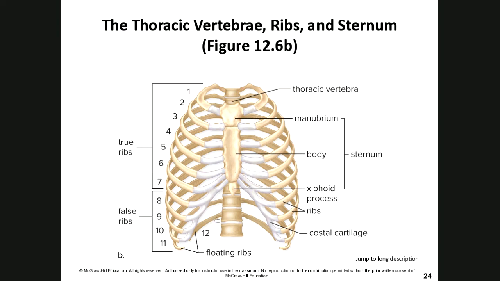They connect to the vertebrae. Remember, we talked about those articulating facets on the vertebrae in the back there. And then they also have this cartilage, this hyaline cartilage, that connects the ribs to the sternum, which is composed of the body, the xiphoid process, and the manubrium.